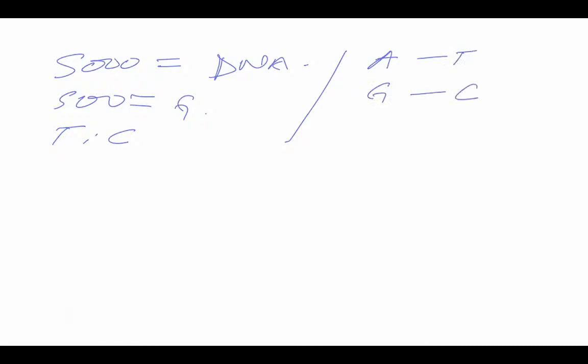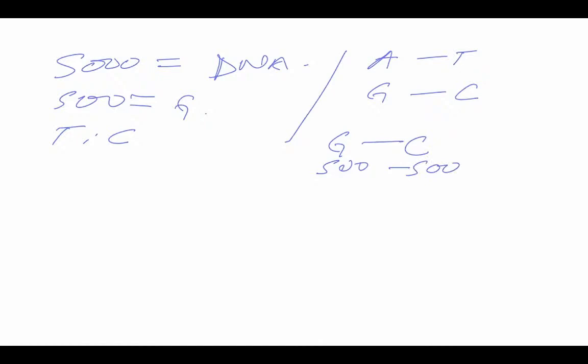So if you have guanine goes with cytosine, and guanine is 500, definitely cytosine is going to be 500 because these are complementary bases.